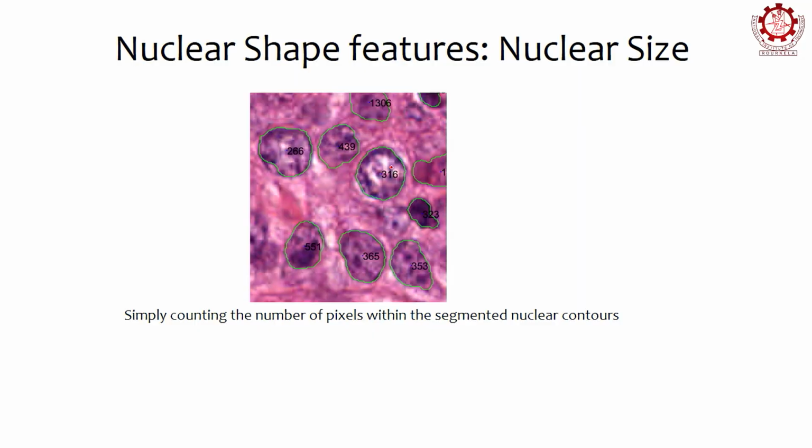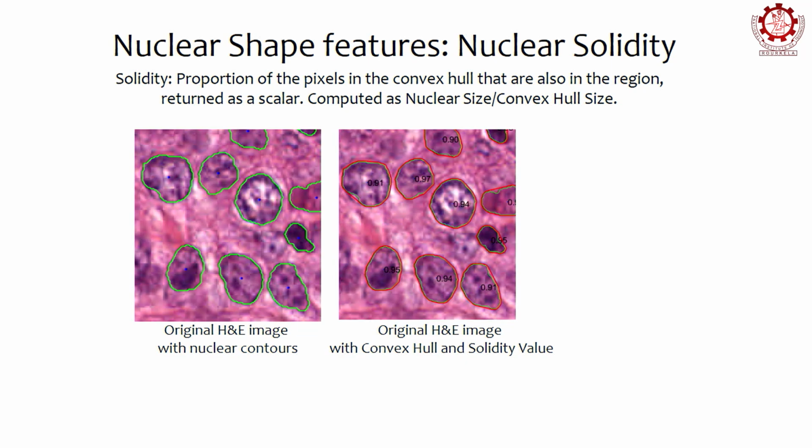If you have a large nucleus, the number of pixels would be high, right, and if you have a small nucleus, the number of pixels would be low. And you see this is a much larger nucleus here, probably, I mean, part of it is cut off. So, you have a high number of pixels. Simply counting the number of pixels within the segmented region, within the nuclear contours, can give you the size of the nuclei.